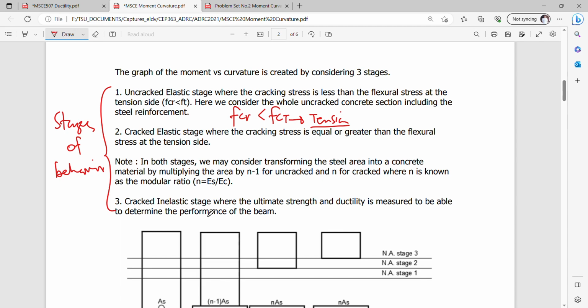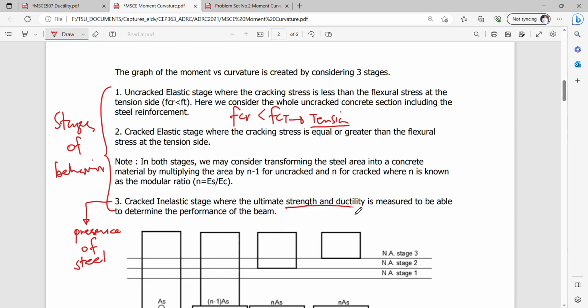And this continuous cracking can only be controlled by the presence of steel reinforcement that will hold the propagation and widening of the crack to a limit, thereby putting some ductility and strength in order.